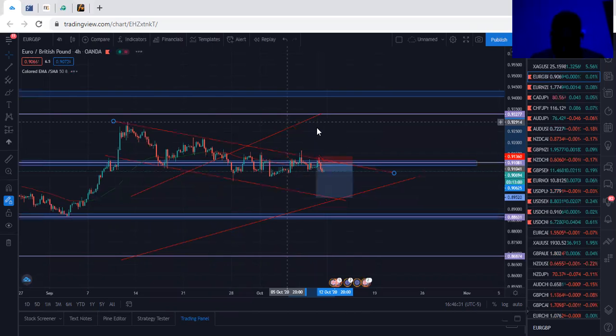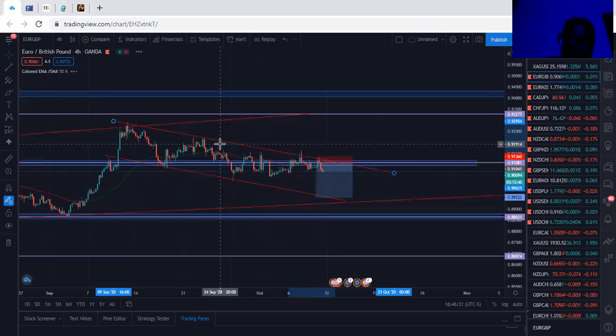So guys, as you can see here, price is moving in the descending channel inside the ascending channel. So you have to know there are 3 types of trend. There's a weak trend, there's a strong trend, and there is a good trend.